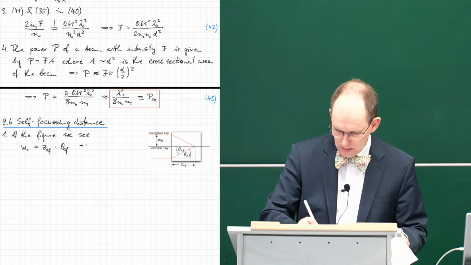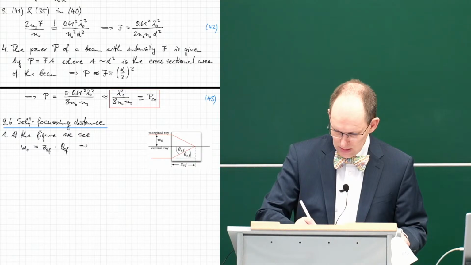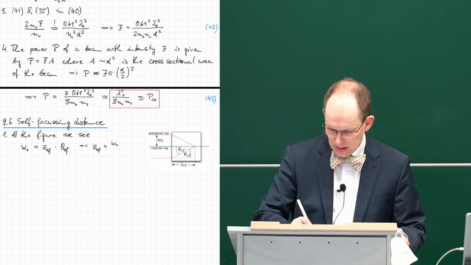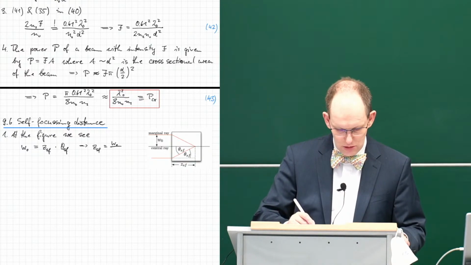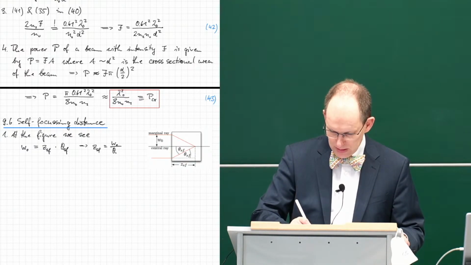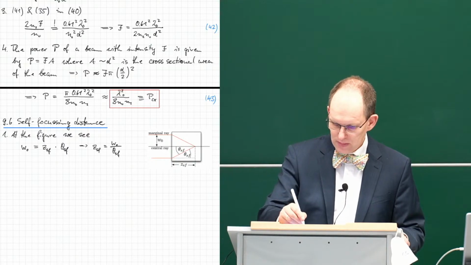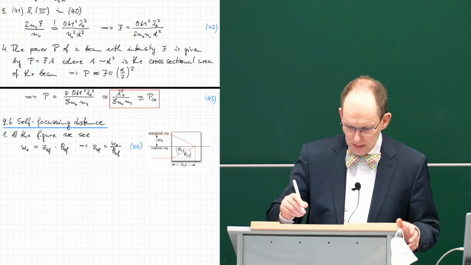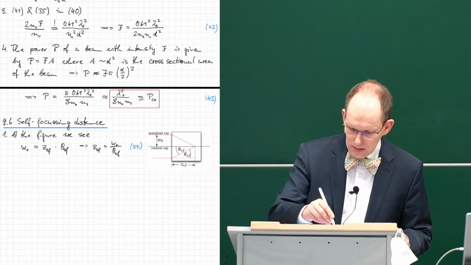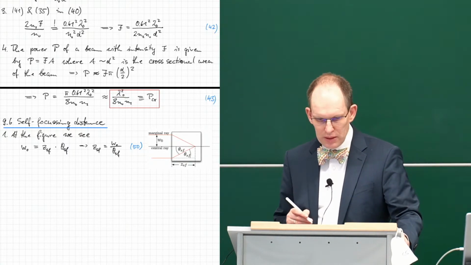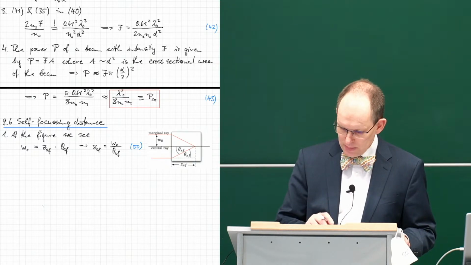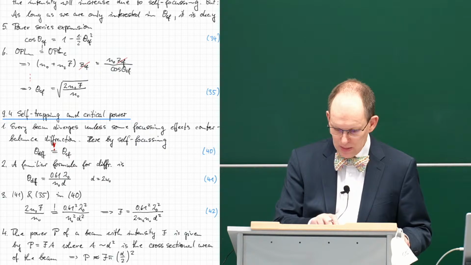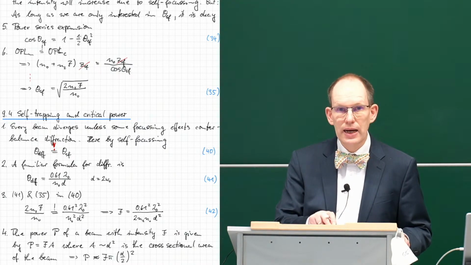And then you can, of course, write that the self-focusing length is given by the radius of the beam divided by the self-focusing angle. And then we can substitute the expressions that we found. In particular, we can substitute equation 35, namely the equation for the self-focusing angle.